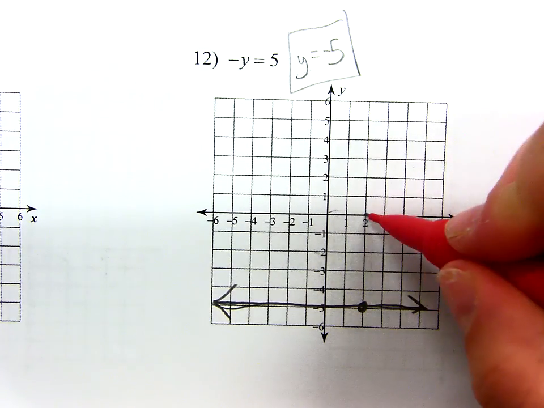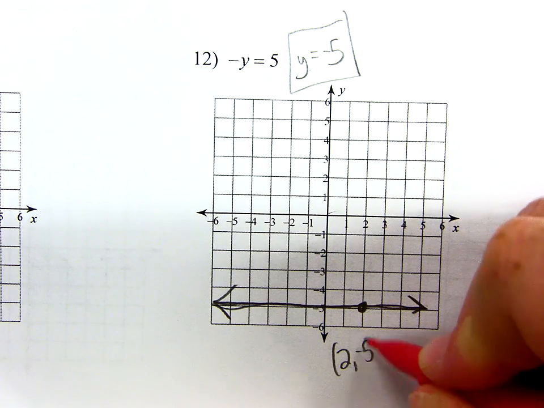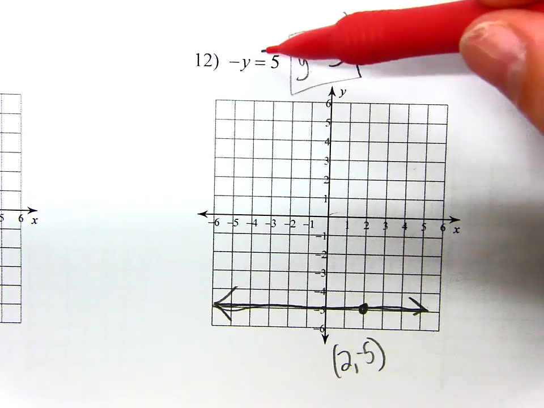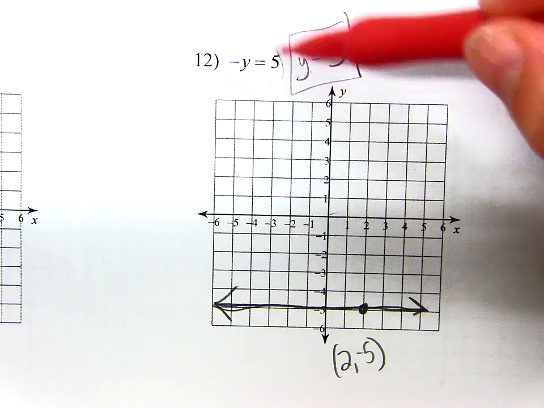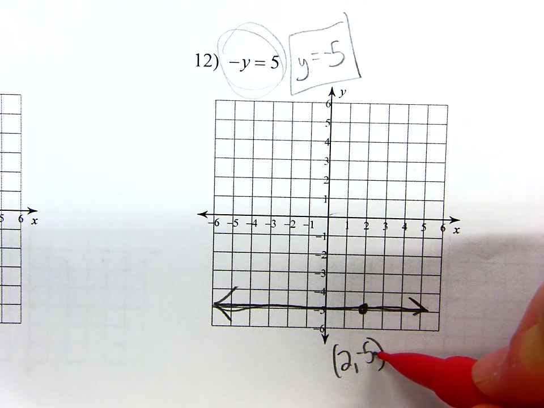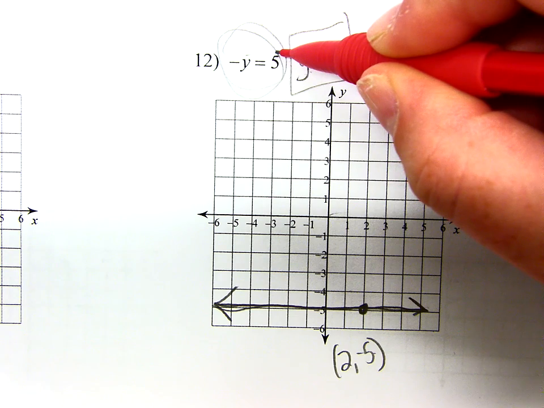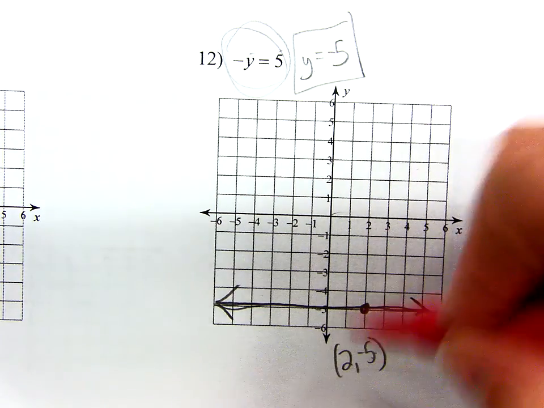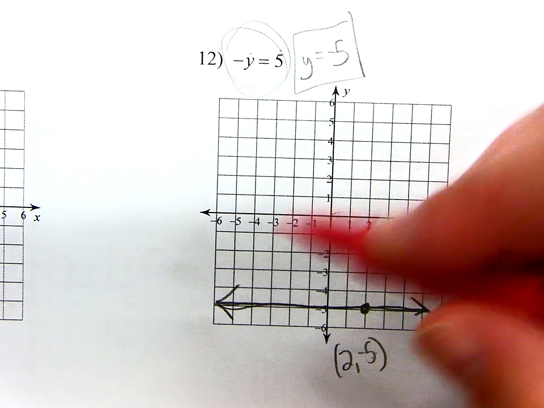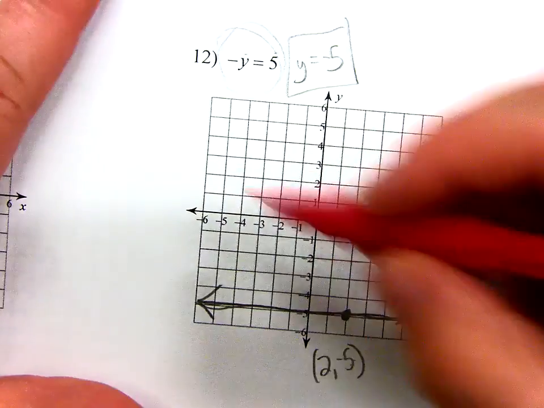That coordinate is 2, negative 5. Right? And then just go back and make sure that that point fits this. Is negative y equal to 5? Is negative 5 equal to positive 5? Yes, right? If you had drawn it wrong, because there's going to be someone in here, probably more than one of you, that draws it the wrong way.